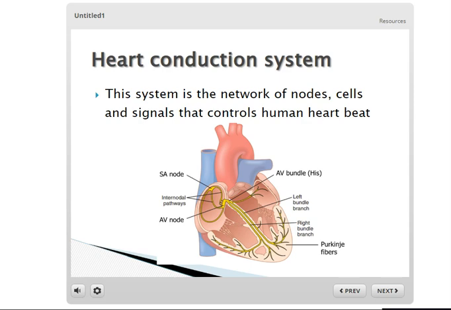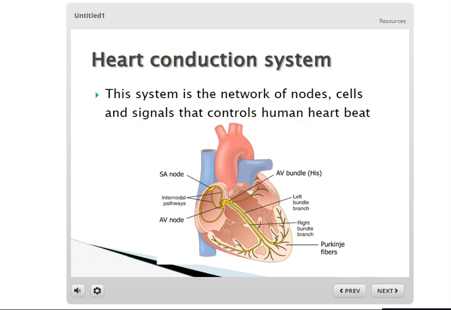Finally, the Purkinje fiber is a component of this system, spread throughout the ventricle, causing them to contract and pump blood to the lung and the rest of the body. The conduction system ensures that the heart contracts in a synchronized manner, maintaining effective blood circulation.